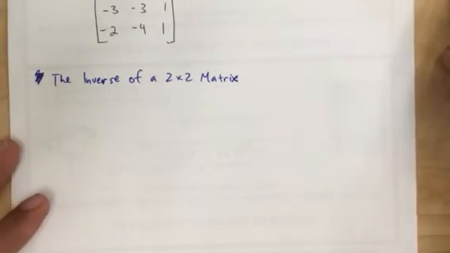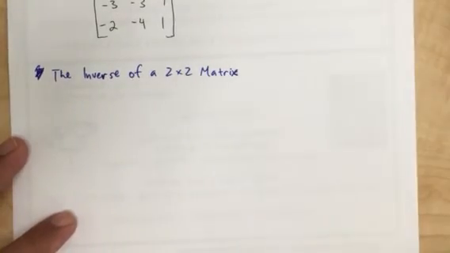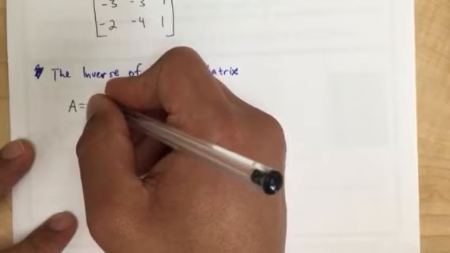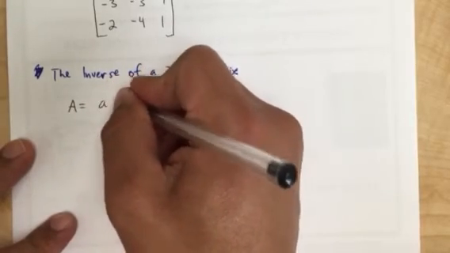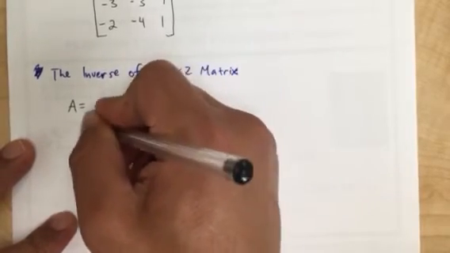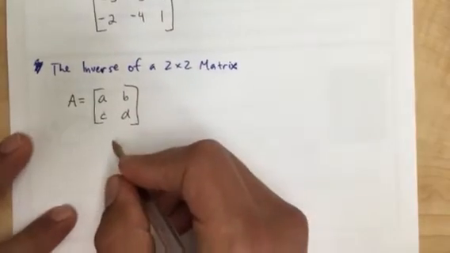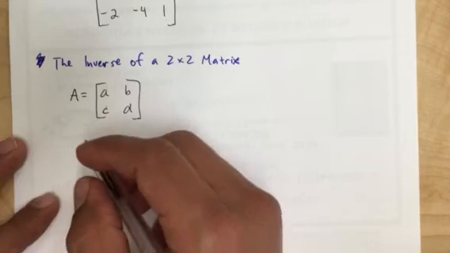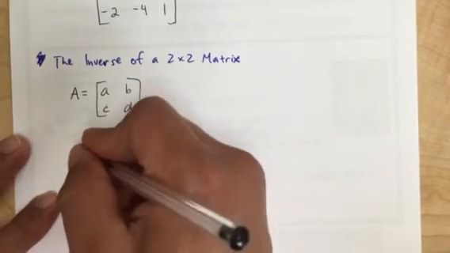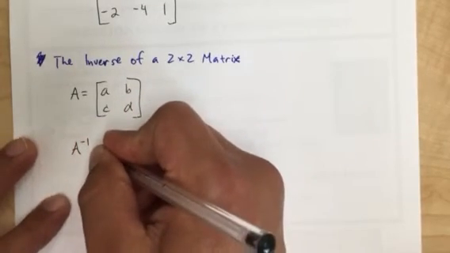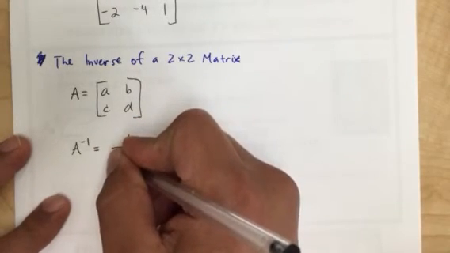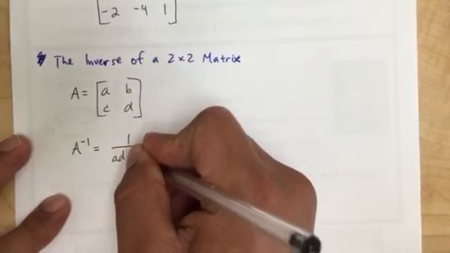So if you have a matrix A, and let's say that the entries are A, B, C, D, then we can find the inverse of this matrix using the following formula. The formula is, to find the inverse of A, we can use 1 over AD minus BC.